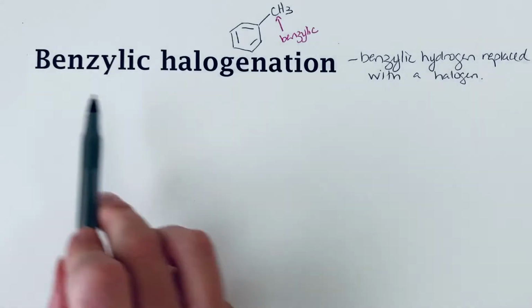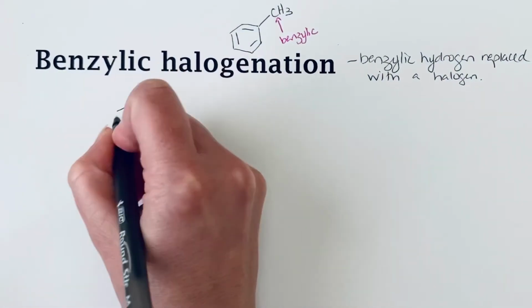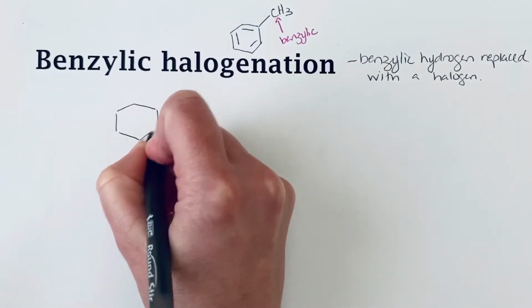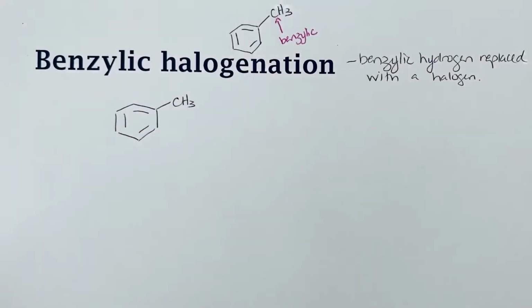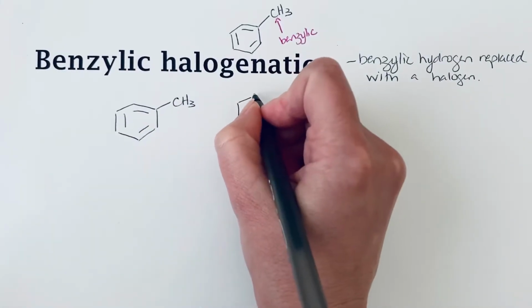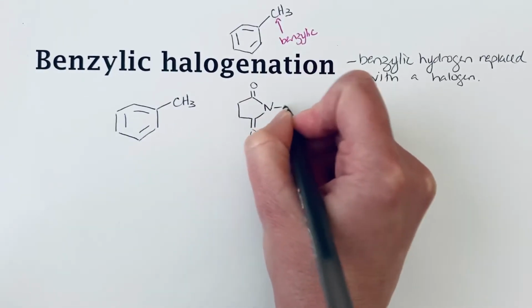If we're looking to do a benzylic halogenation reaction, we need a source of a halogen. Quite often we will use the same reagent that we saw for allylic halogenation. So we could use NBS, N-bromosuccinimide. I'll draw the structure here.